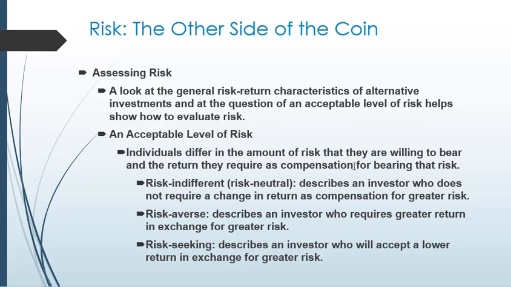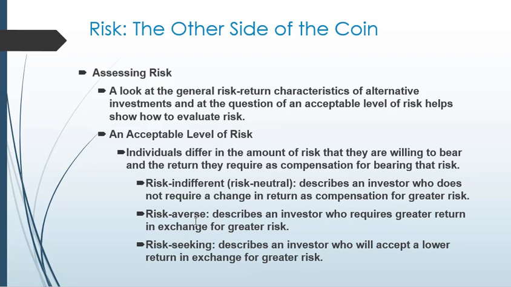Well, there's three ways that people could possibly look at risk. One way is to be risk indifferent or risk neutral. This basically describes an investor that really doesn't pay attention to risk at all. They just are looking at returns. Risk seeking is a person who accepts lower returns in exchange for greater risks. Now, this is really just an example of gambling.